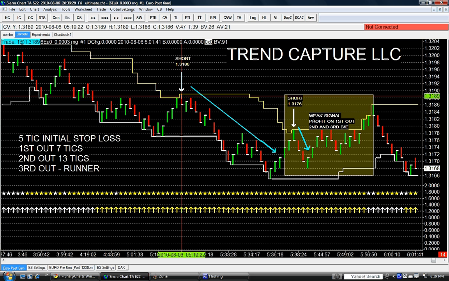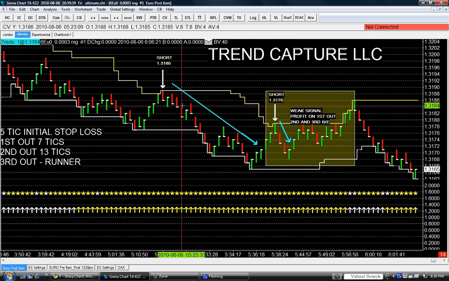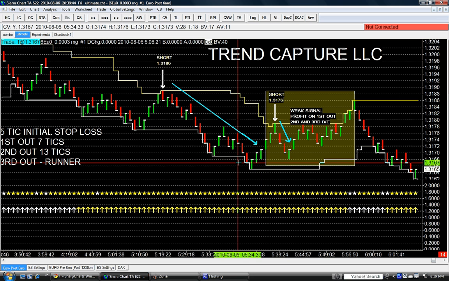So you were short at 31.86, and you can see the end result was a fairly nice move. You would have gotten out of both your first and your second out, and your third out would have stopped you with a profit of about 10 ticks on the third out. So definitely a very nice trade.